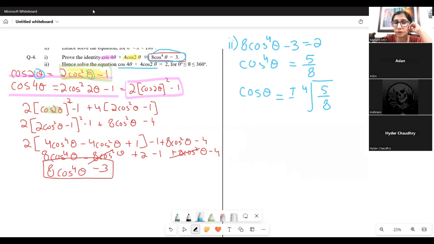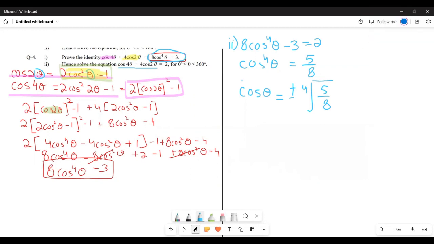I'm turning off my video because Zoom is telling me that my internet connection is unstable. So cos theta equals, what is the 4th root of 5 by 8?